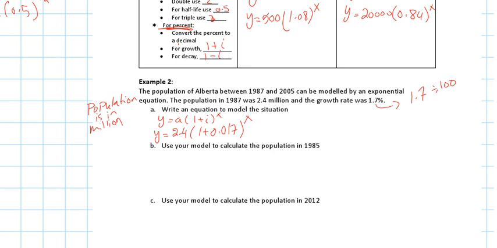So my equation is going to be y equals 2.4 times 1.017 to the power of x. Are we okay with that? The question is asking for the equation. I did find the equation, correct?